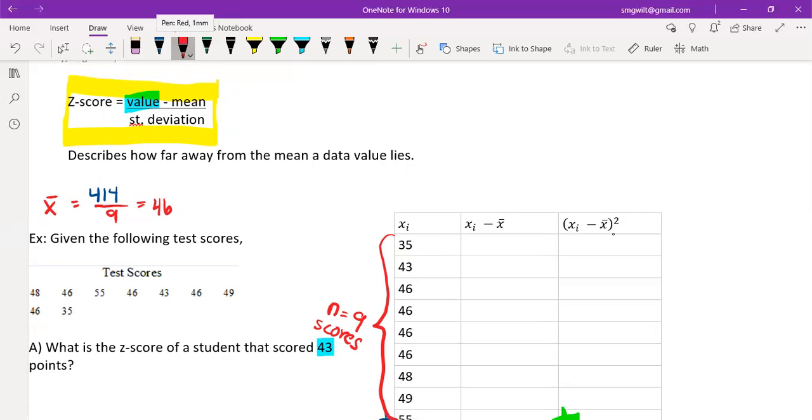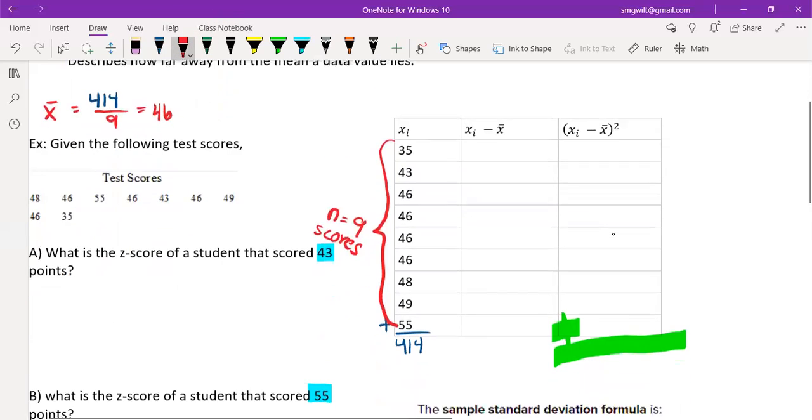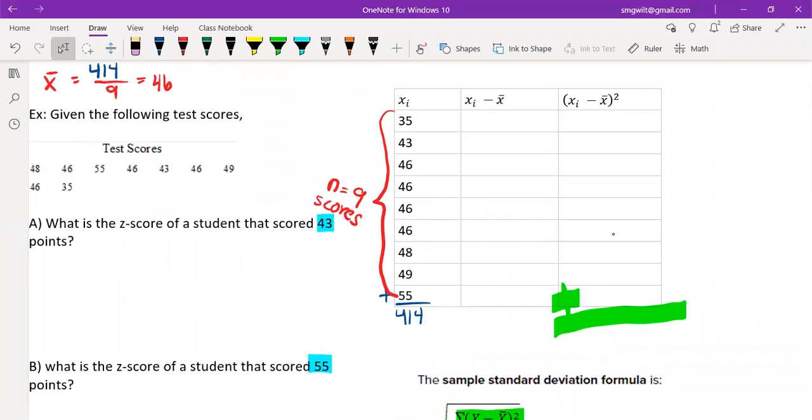Now that I have the mean, I have to subtract the mean from each data point. So I'm subtracting 46 from each of these, and I'm doing that so we can see that it's the same value I'm subtracting each time. When I subtract 46, I get negative 11, then negative 3.